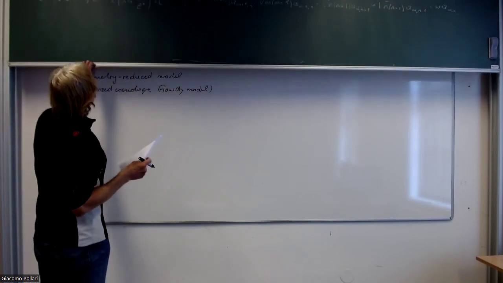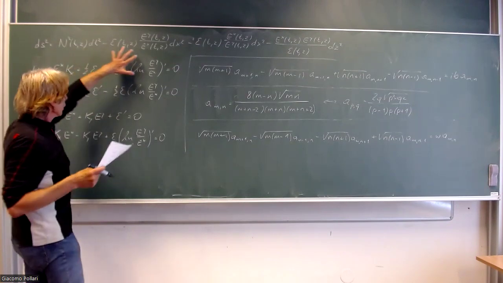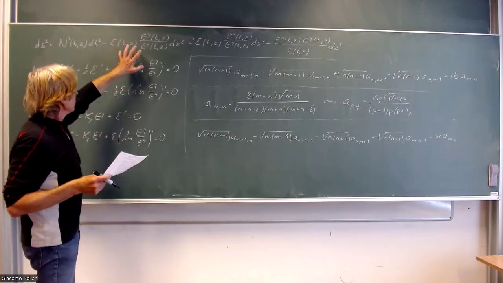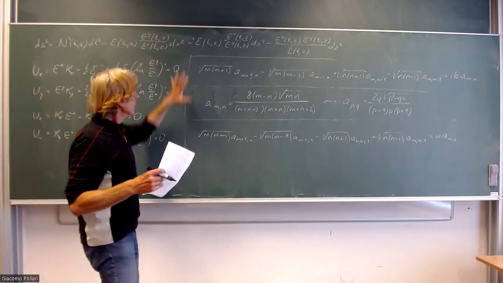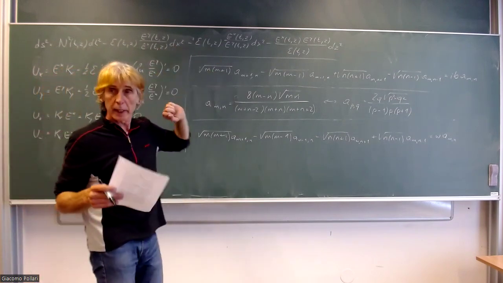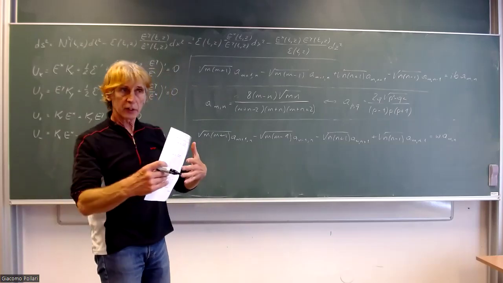We have the metric, which I've written down here. All the functions are assumed to depend only on t and z, so in the directions of x and y everything is homogeneous. So we consider plane waves.